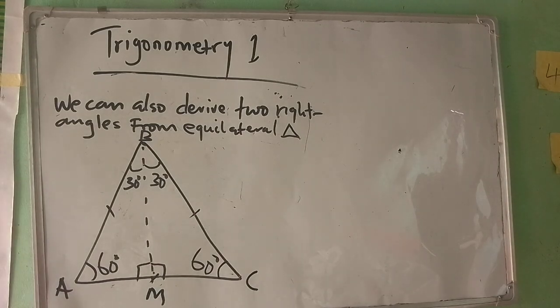So we can use any of the sides in order to solve any of the trigonometric ratio problems. So this is another major way a right angle triangle can be formed. Having known this, we need to take other steps forward.